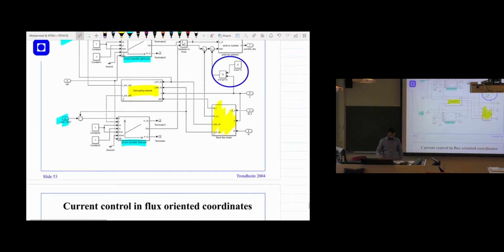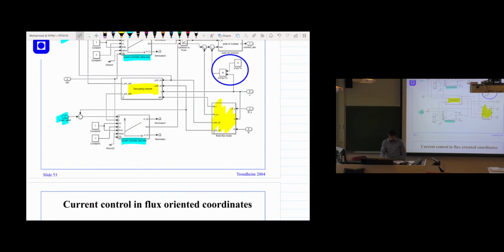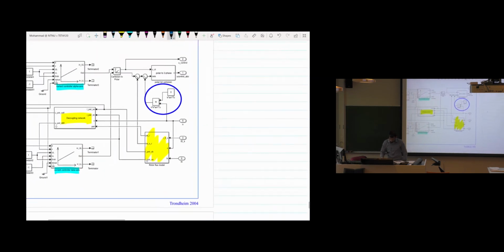And you can easily find the flux from the rotor equation, if you remember: dψr/dt equals minus 1 over Tr times ψr plus Xm over Tr times Is alpha.